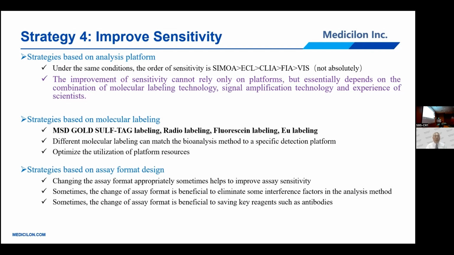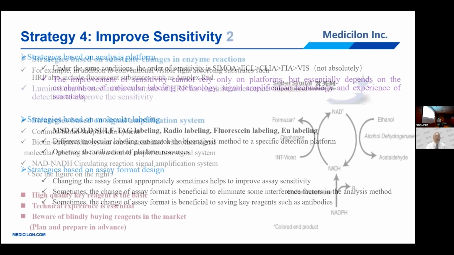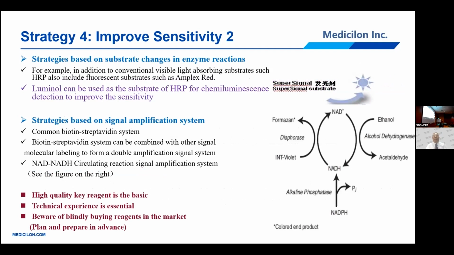Strategy is also based on assay format design, so assay format is important. You can try changing the sequence or adding reagents to improve assay sensitivity. There are many ways to improve the sensitivity of an analytical method.